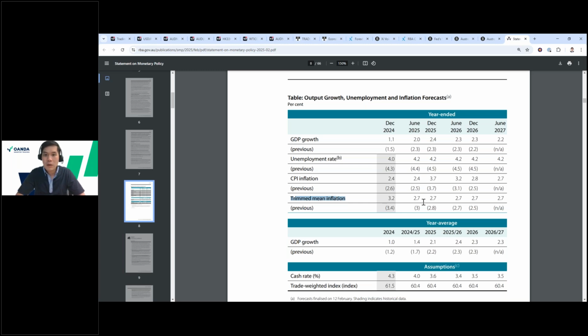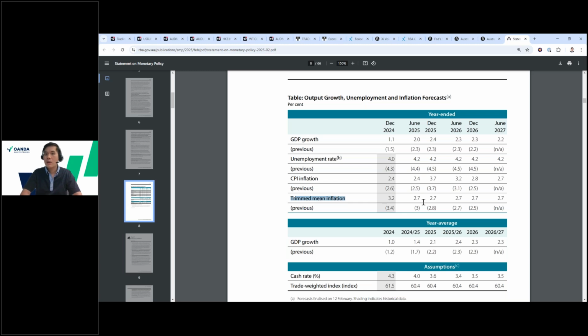Later I'll touch on the Aussie dollar major pair, as well as one cross pair, the Aussie Kiwi. Why Aussie Kiwi? Because it is very interesting. We know that the RBA has already cut by 25 basis points, and the market now expects the RBNZ, the New Zealand central bank, to be much more dovish than the RBA, because the economic affairs in New Zealand are on a weaker footing compared to Australia.